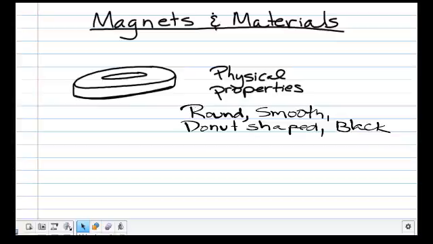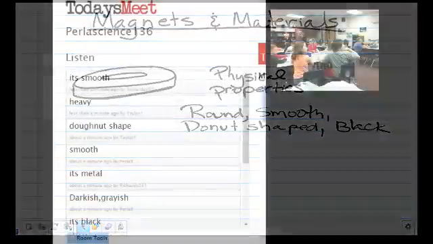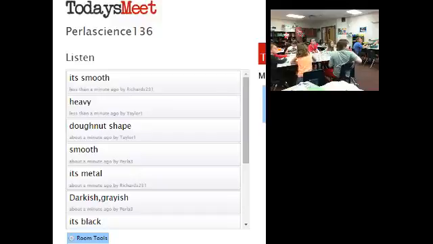Go to today's meet, see some more of those properties that you're seeing, and keep describing it. Okay? I see heavy on there. Metal. Okay? So just list as many of those properties as you can come up with, because they're going to be important for us in a little bit.